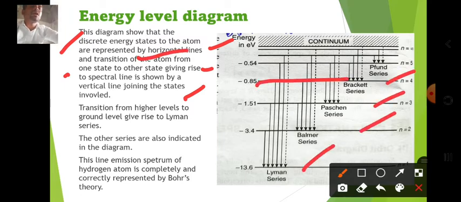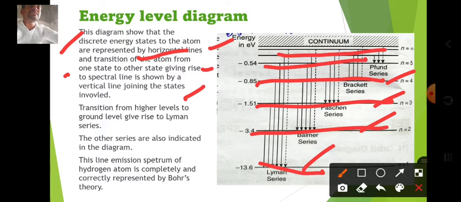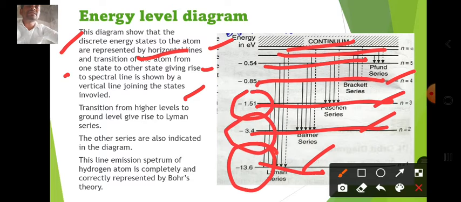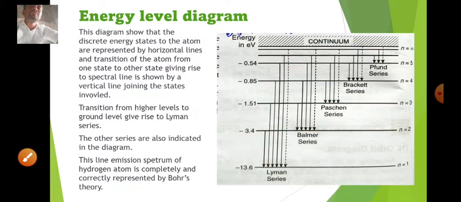The horizontal lines have fixed energy, which is why they are called discrete energy lines. Discrete means they have a fixed value.